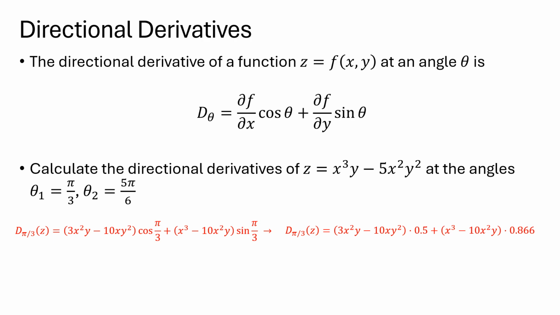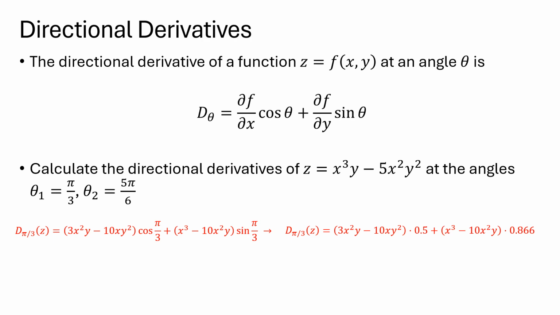This can be simplified. However, in this case, this is an acceptable answer since simplification doesn't alter the result, and oftentimes we are trying to calculate this directional derivative at a certain point.